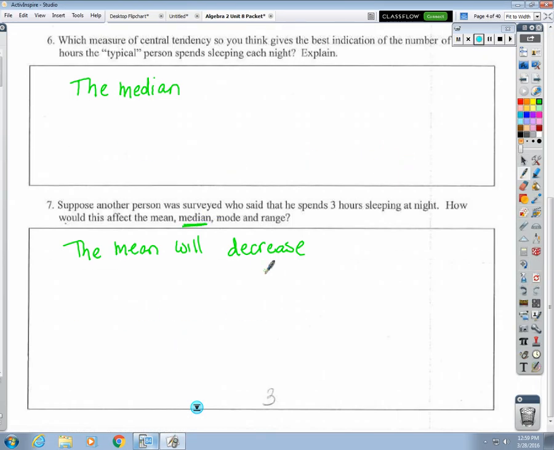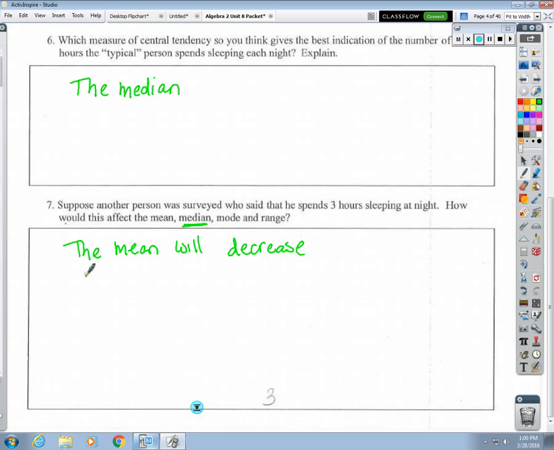Okay, what about the median? Will the median change? It's kind of hard to just say without actually writing them all out in order, but for this one it won't change. It'll still be 8. There's so many 8s that even though, yes, the middle number gets shifted left because of the 3 being added into the front end, it still lands on another 8.